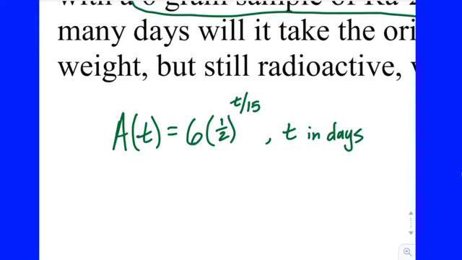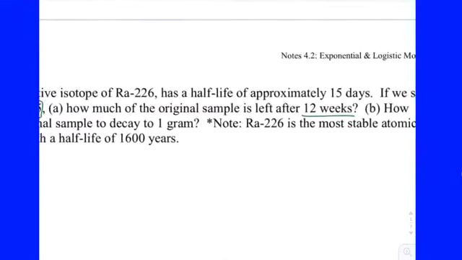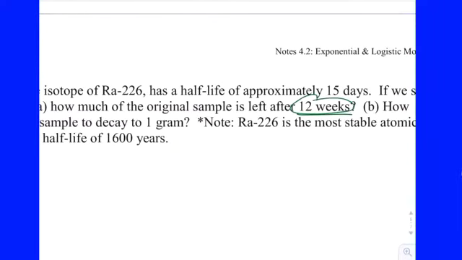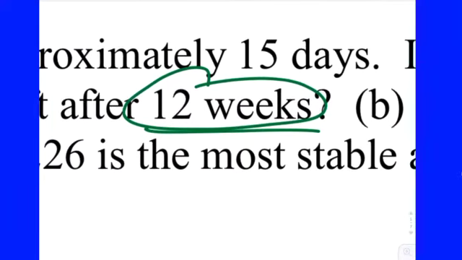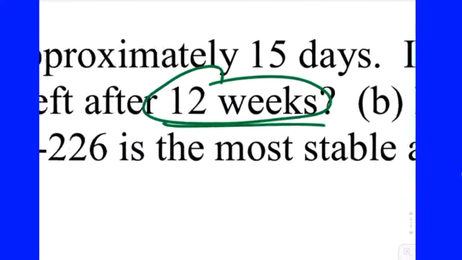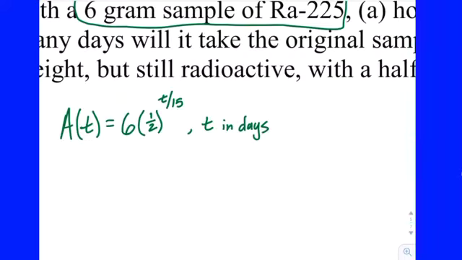So now that we have the model, we want to use it. Part A says how much is left after 12 weeks. Is 12 weeks a time value or an amount of weight? Yeah, it's time, 12 weeks. So we go A of 12 equals, right? No. If you do that, you should apply at NASA.